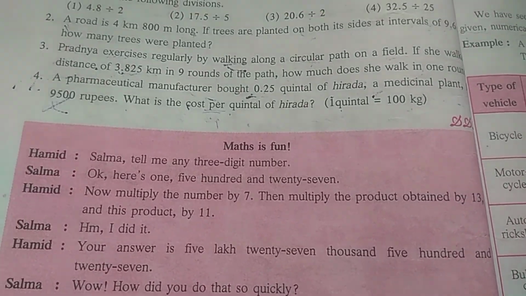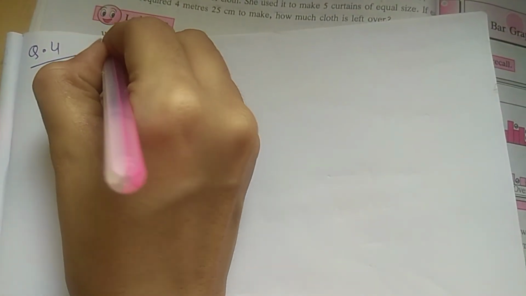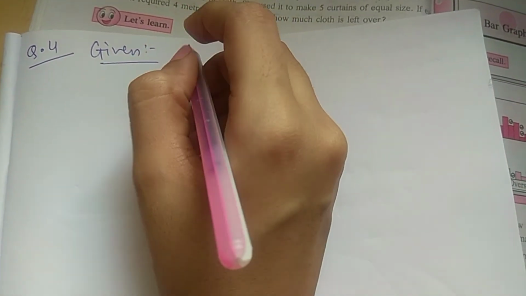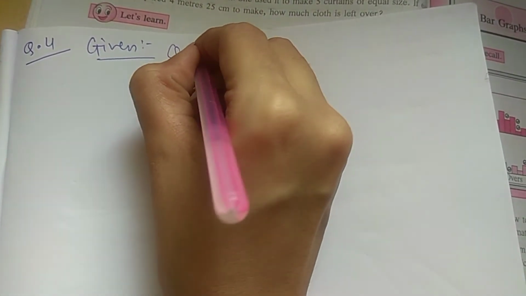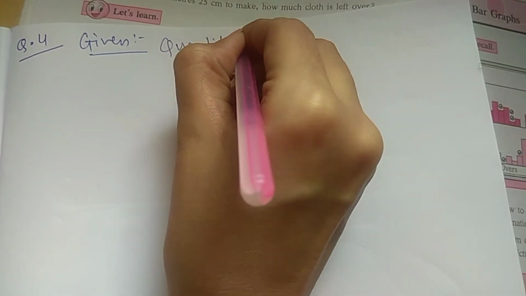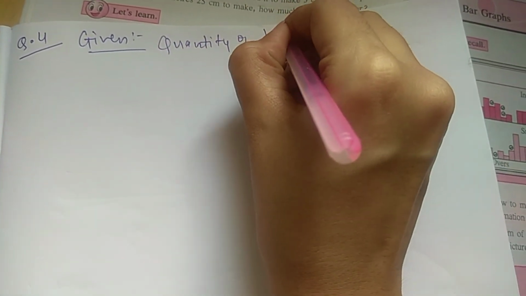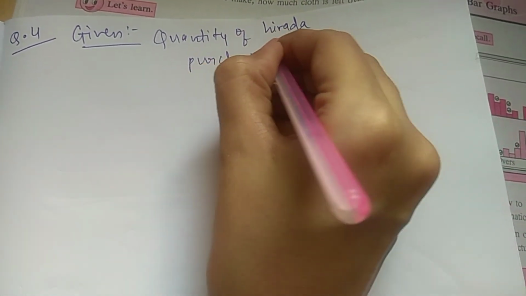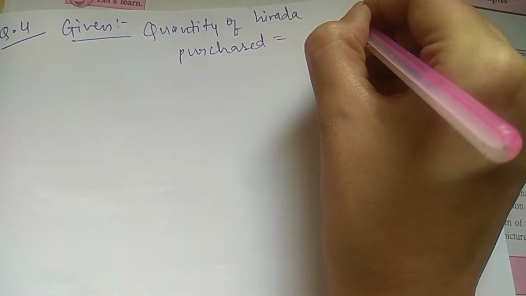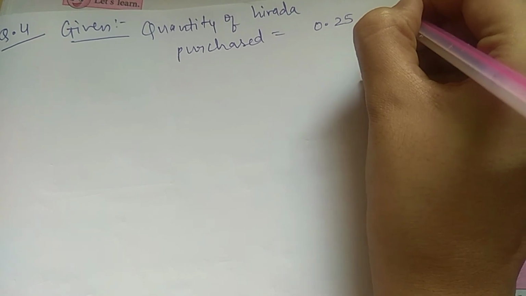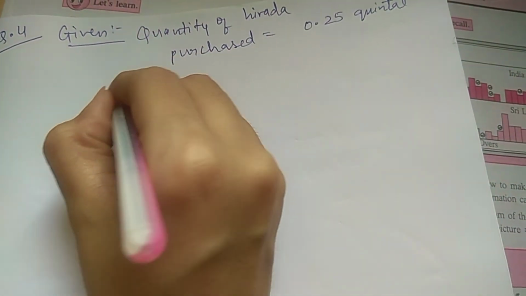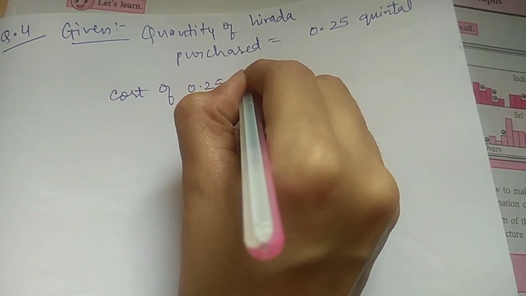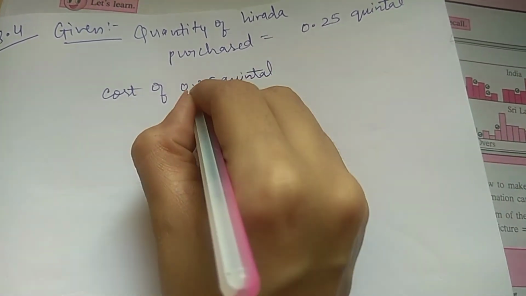Division. Question number 4, given: quantity of Hirida purchased. How much has been purchased? 0.25 quintal. Cost of 0.25 quintal Hirida.